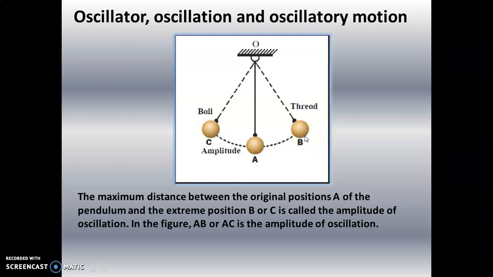This distance from A to B, or A to C, is the amplitude of oscillation. AB or AC is the amplitude, not together. It is not ACB, but only this particular distance. You can see the label. This is the maximum distance between the original position A and the extreme position C.